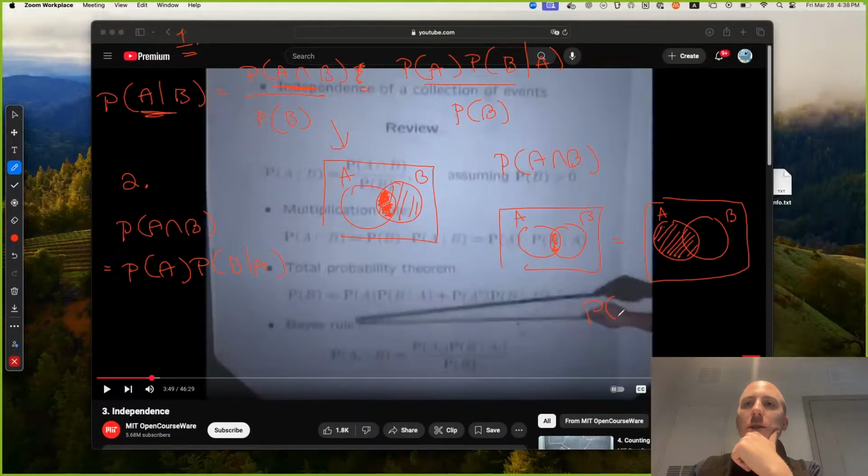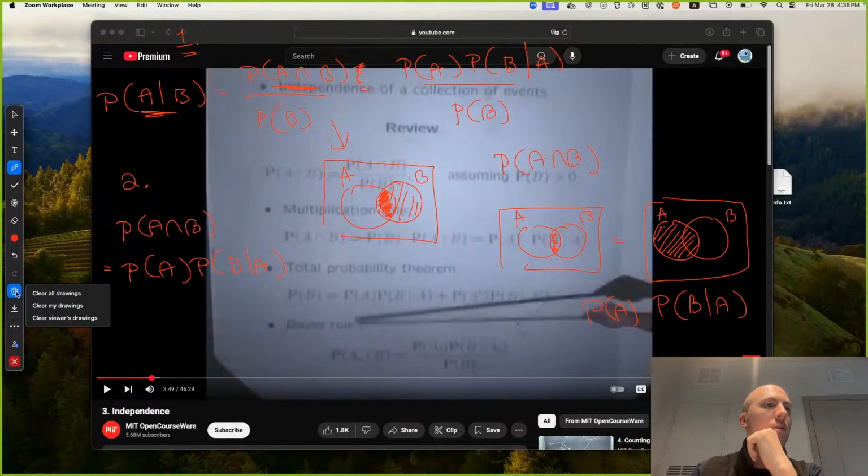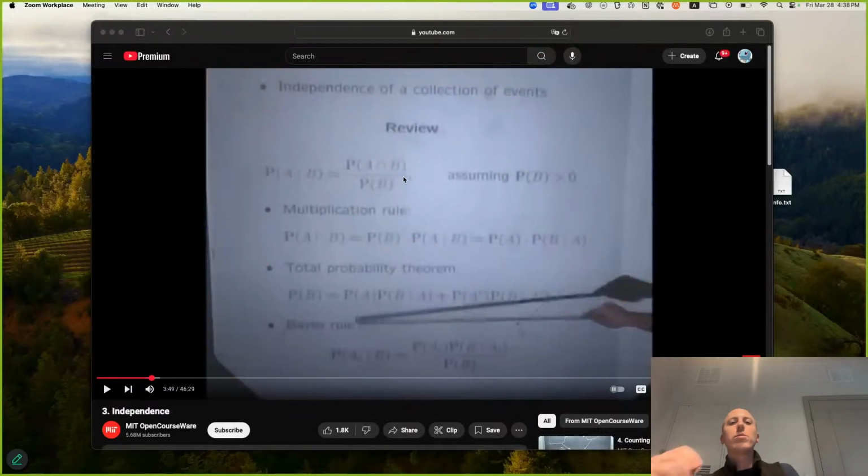So it's the probability of A times the probability of B given A. We're multiplying it by the proportion that's also inside of A. That's B. I guess it's basically that.